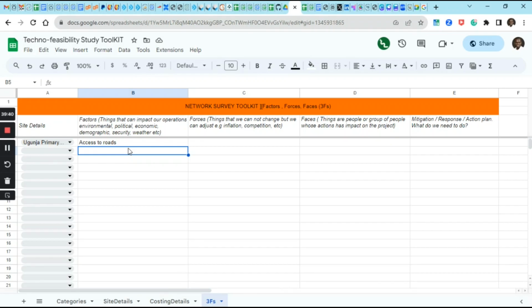Look at things around forces, or what are the things that we need to consider? How is the inflation in that area? How is the competition in that area? What are the things that we just need to adjust so that we meet the demand?